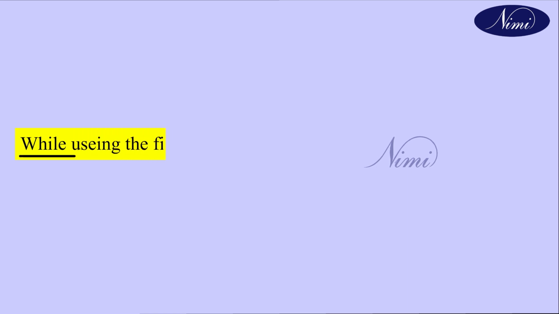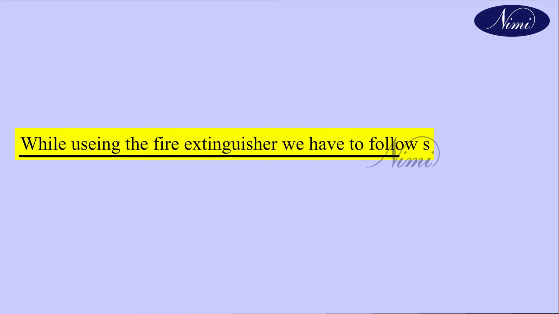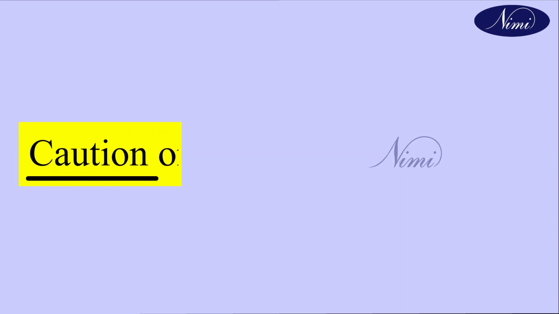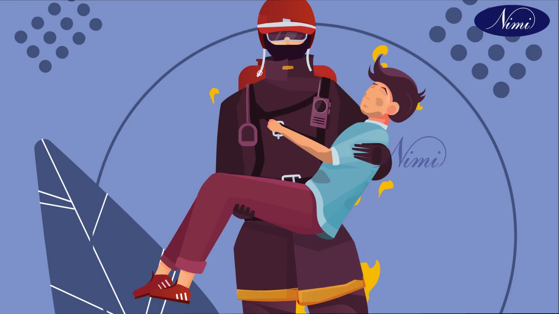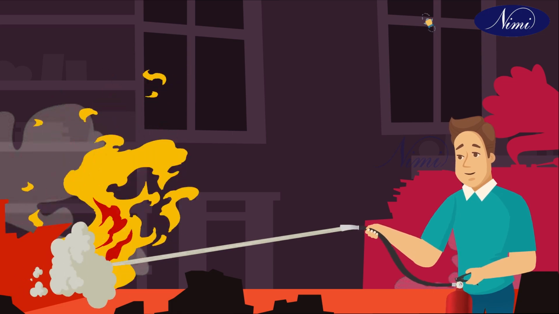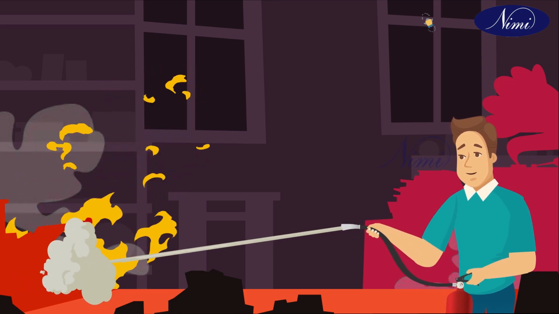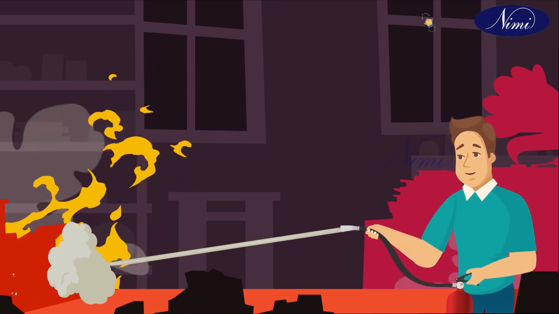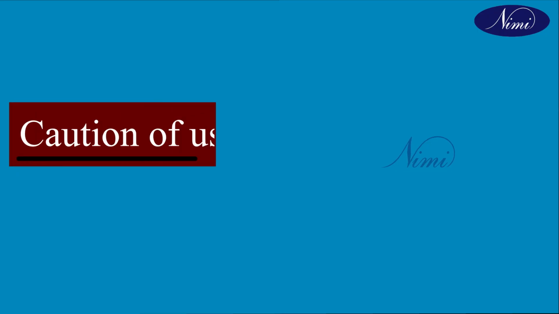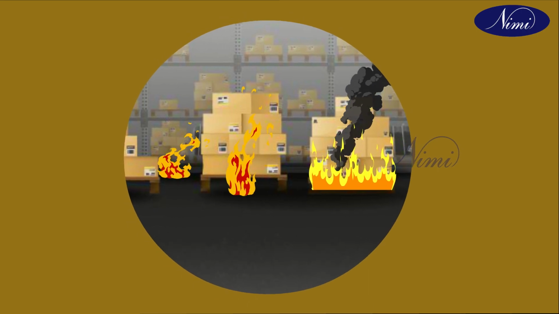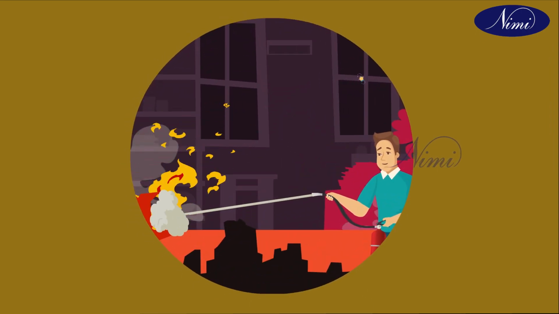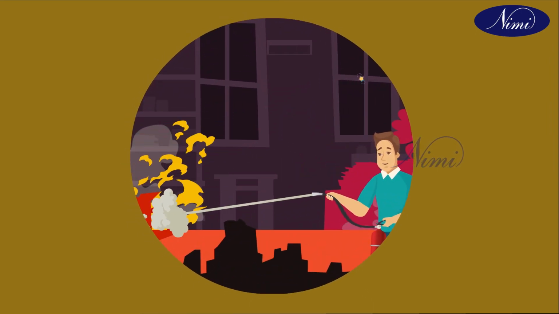While using the fire extinguisher, we have to follow some cautions. Caution on extinguishing of fire. Fire is a life-risking factor, so while trying to extinguish a fire, we should be very careful about our safety. Caution on using a fire extinguisher. While putting off the fire, the fire may flare up, but do not panic, as it will be put off promptly.